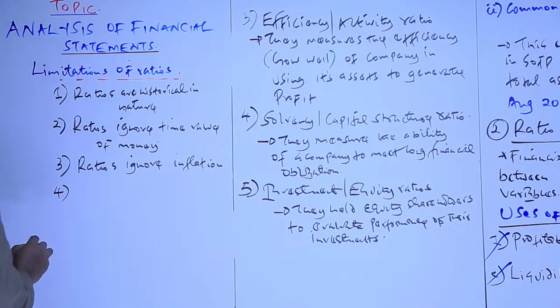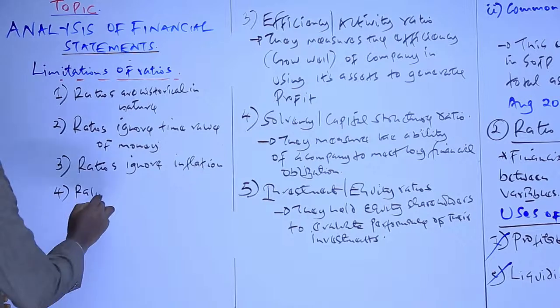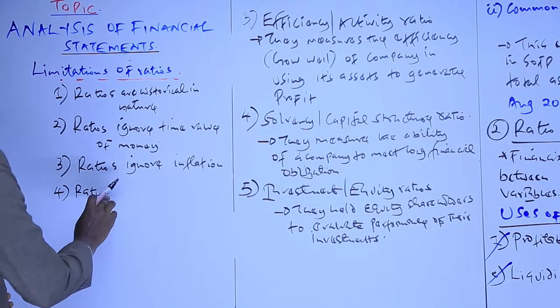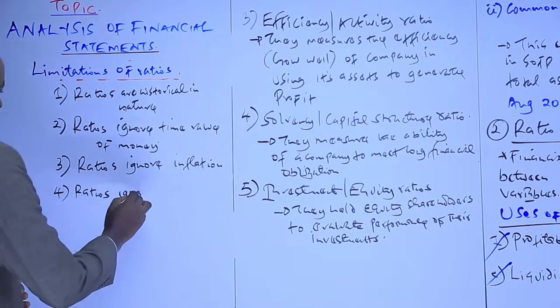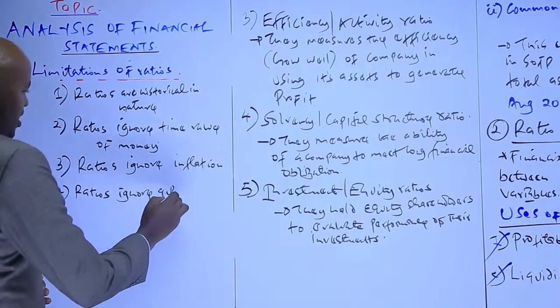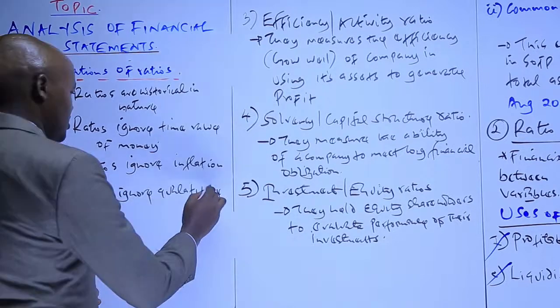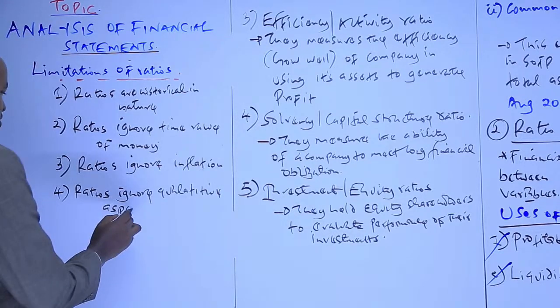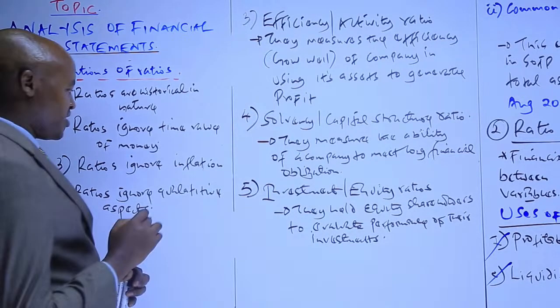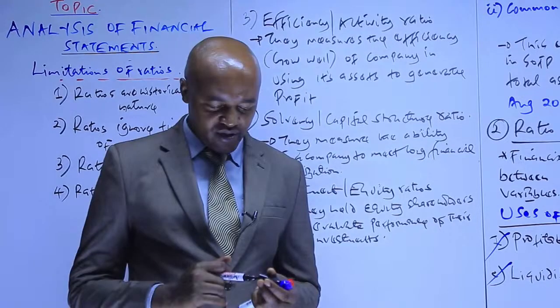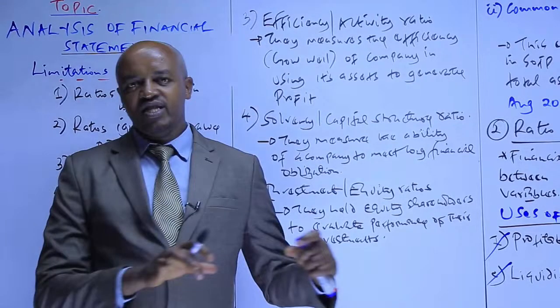Number four is that ratios ignore the qualitative aspect. So basically what that means is that the information which is provided after computing the ratios is purely quantitative.